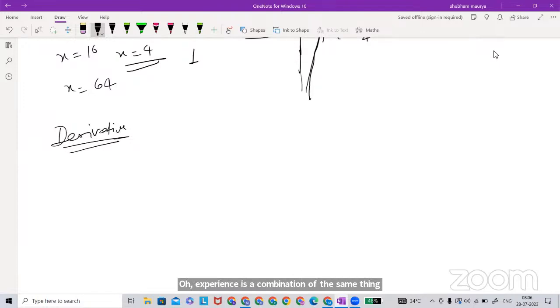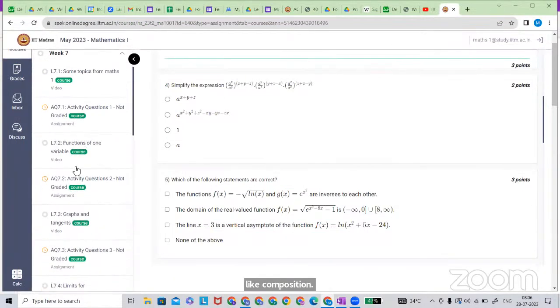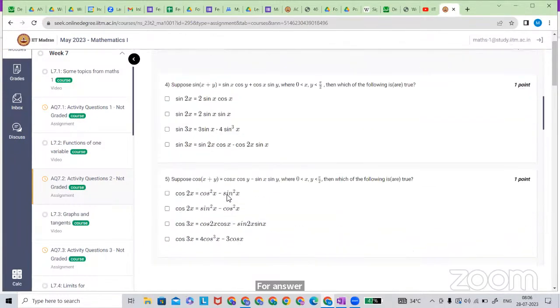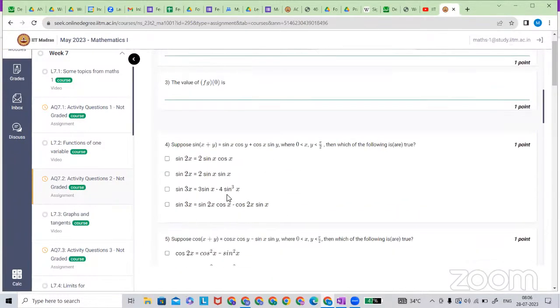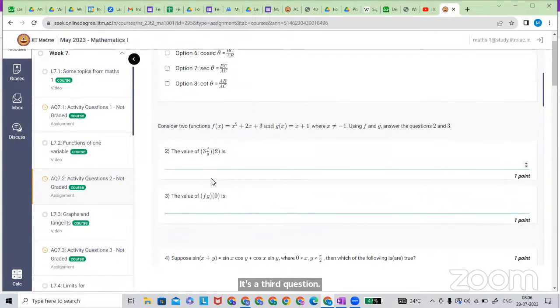In activity number 7.2, the third question is taking fg of x, like I was asking, but it's using composition for the answer. Here the answer is as a composition.